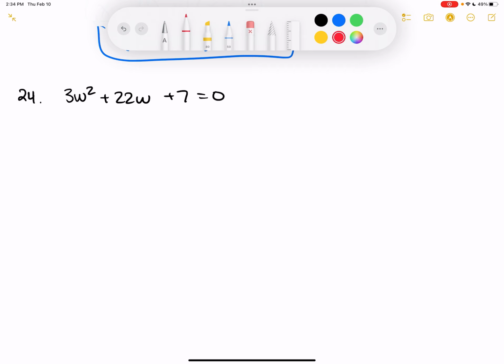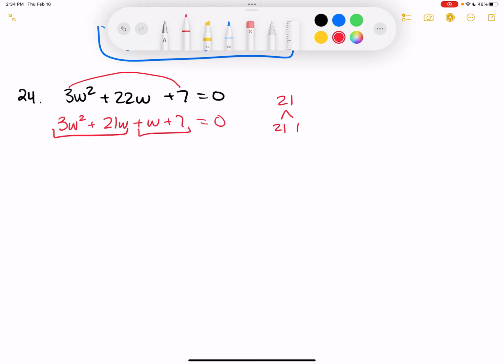So I'm factoring first. Arch method, 3 and 7. Factors of positive 21 that give me 22 are 21 and 1. So 3w squared plus 21w plus w plus 7. Don't forget the equal 0.